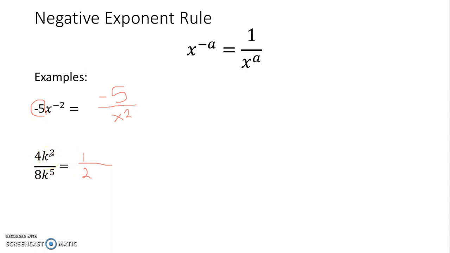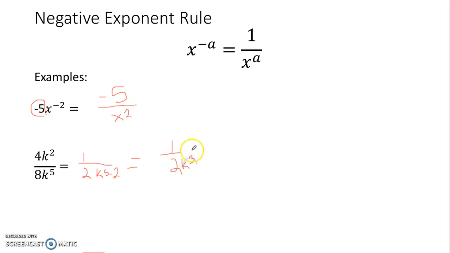And then for k, because of the quotient rule, we do k to the fifth power minus 2. I like to look at it and say, well, 5 is bigger, so I'm going to do 5 minus 2. And that equals 1/2 k to the third power.